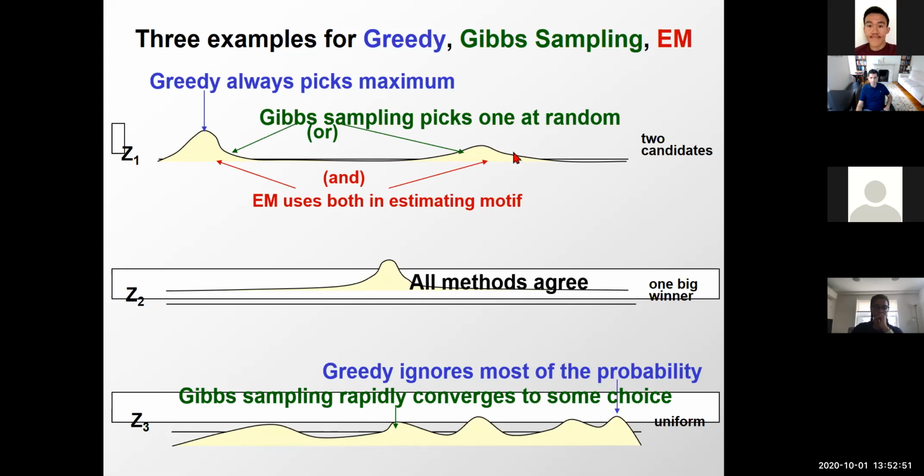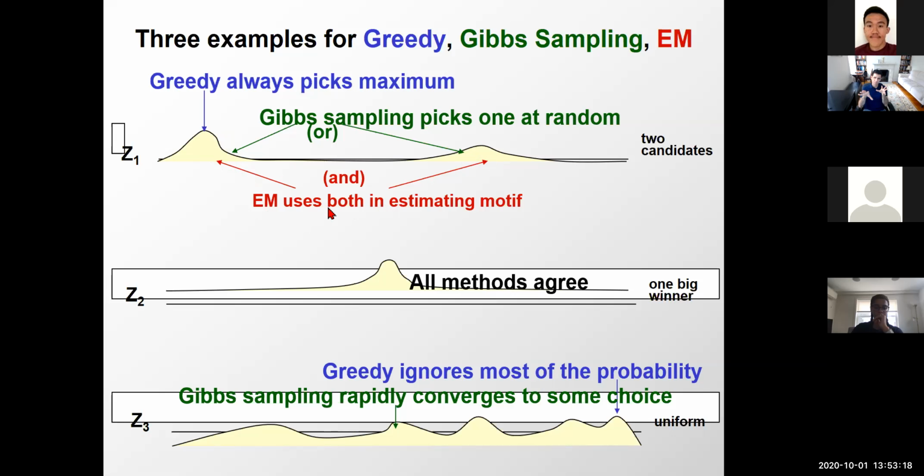In this example, where I have one strong peak and another smaller peak, expectation maximization would use both in estimating the motif. And that can be problematic because it might not converge to any one of them. This might look quite different from that, even though they're the two best matches of the motif. Maybe this one matches the first half of the motif, and maybe this one matches the last half of the motif.